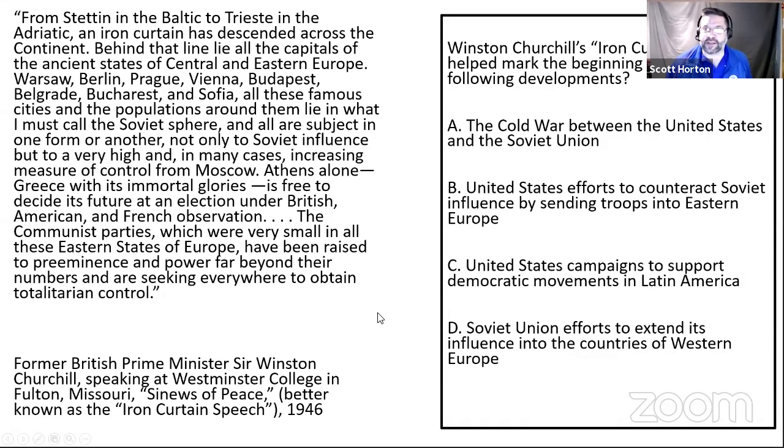So this question doesn't really get too much into purpose. It's really asking us to sort of put this into the appropriate place here. So the Iron Curtain speech helped mark the beginning of which of the following developments, and this is one of the beginning phases of the Cold War between the United States and the Soviet Union.